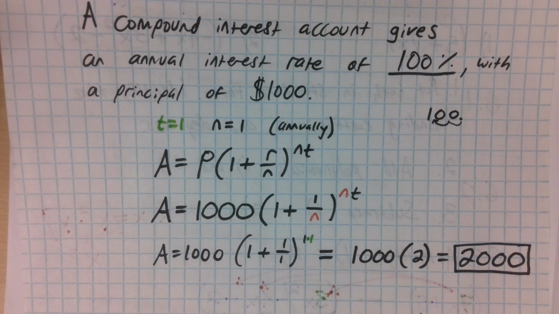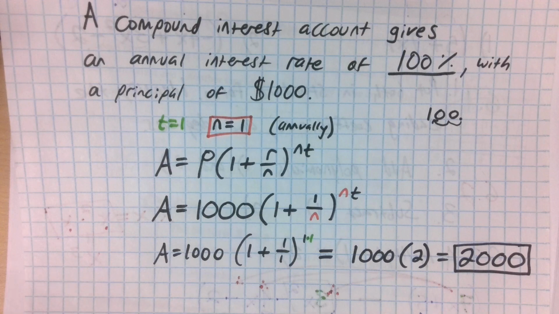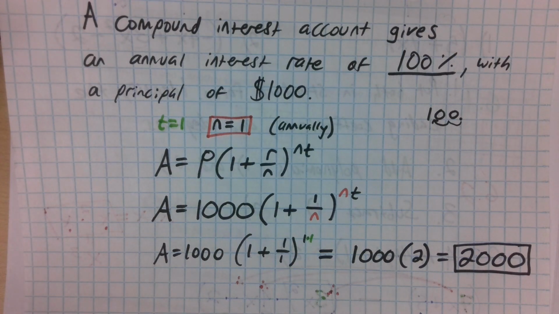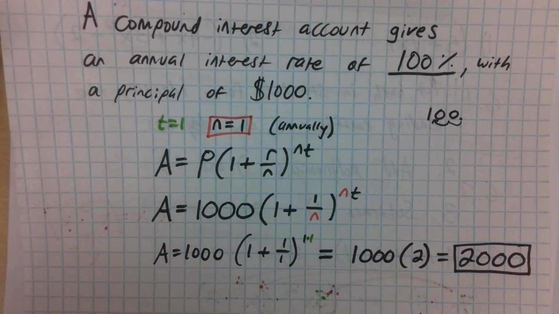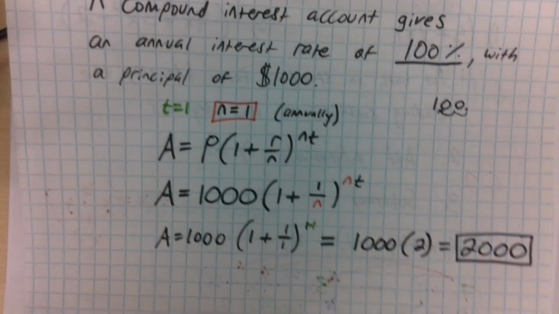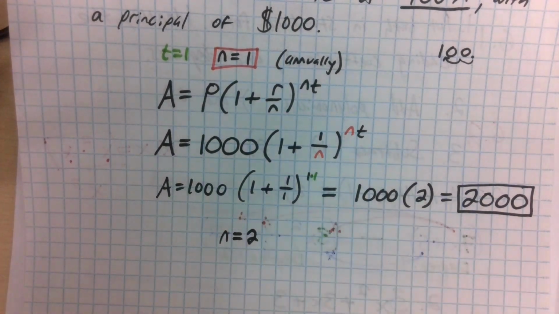Let's take a look and see what happens when we change this value of n. Trust me, this is going somewhere. This is if it compounds 1 time per year. But we talked about how with compound interest, the more you compound it, the better the deal usually is. So what would happen if n was 2?